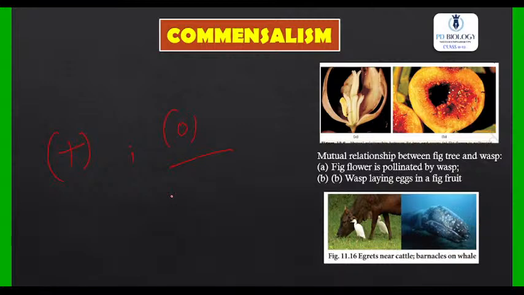The pilot fish and the shark, the sucker fish and the shark, some epiphytic plants, sea anemone and hermit crab. These are the examples of commensalism.